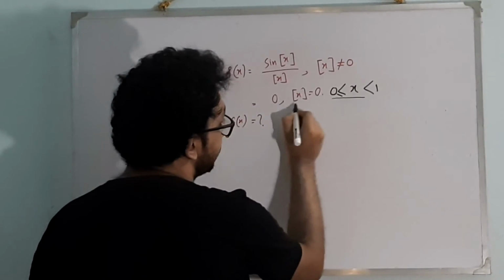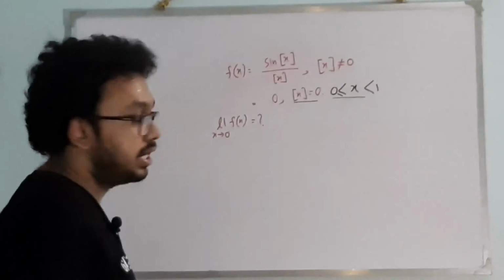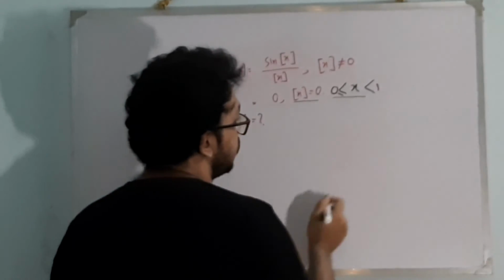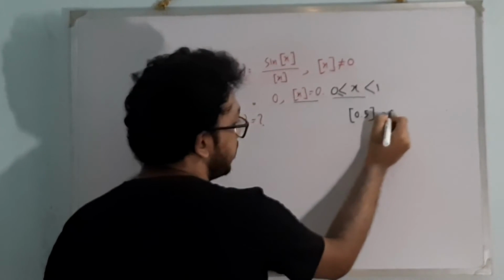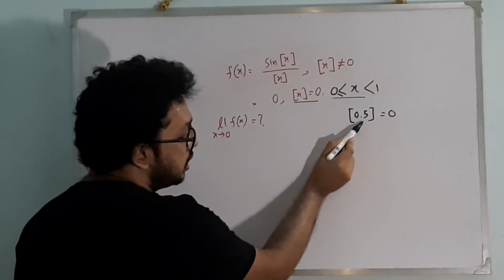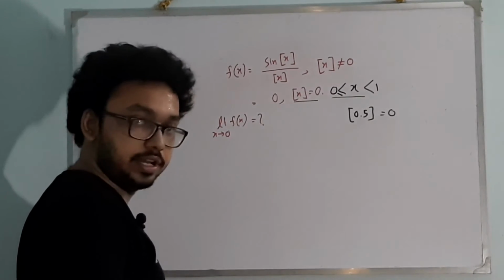In this interval the greatest integer function of x is 0, right? Take any number in this interval, say 0.5. What is the greatest integer function of 0.5? Nothing but 0, because the integer just smaller than 0.5 is nothing but 0, right?